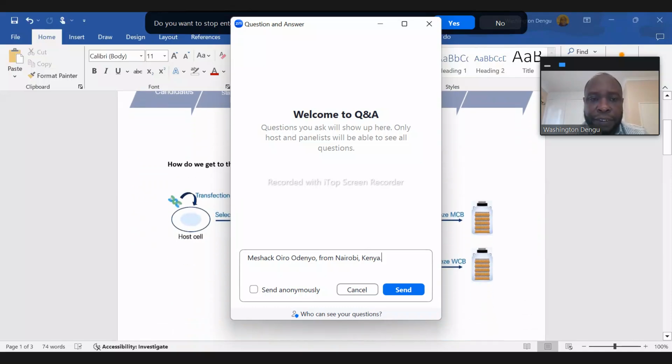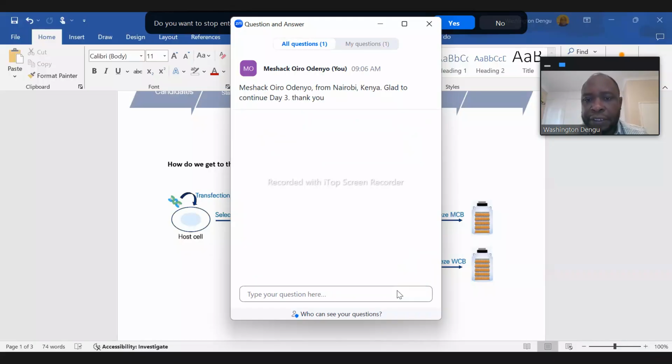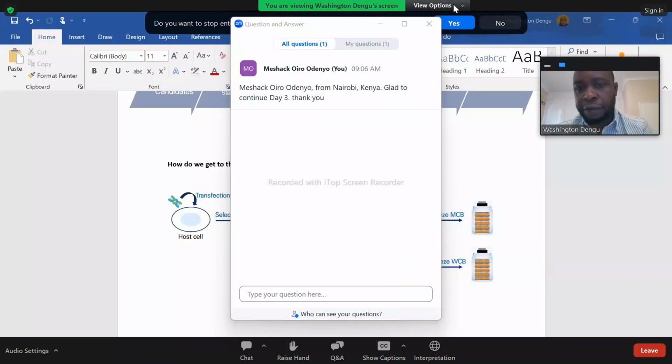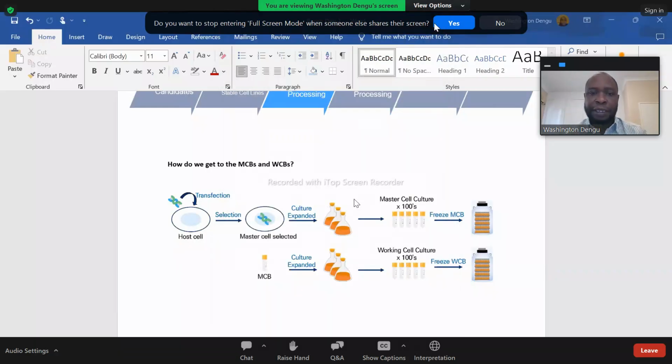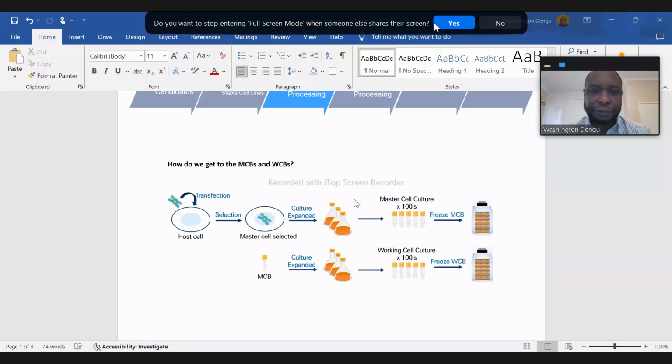Then the whole process of how we actually get the master cell bank, as well as the working cell banks, when we go on site, it starts from the transfection and the host cell, then selection, and the master cell. When it's selected, it is then expanded, and we create several vials of these master cell cultures, and then these are frozen into the working cell banks that we see at site.